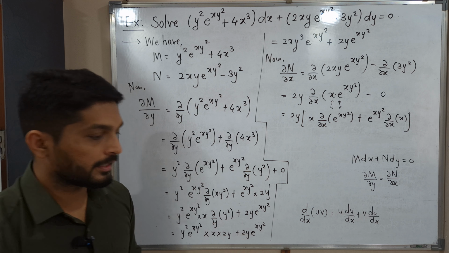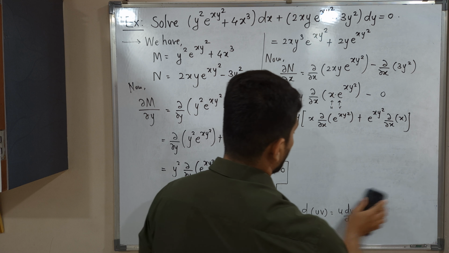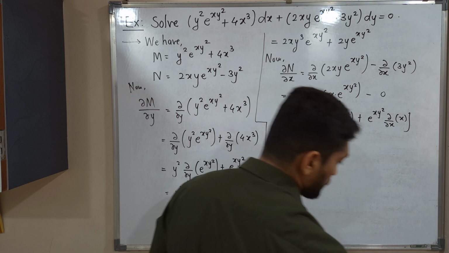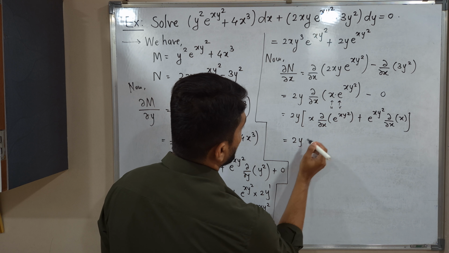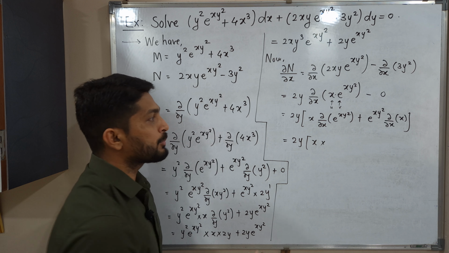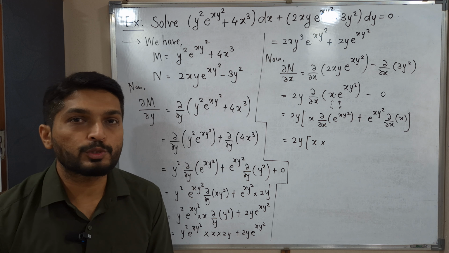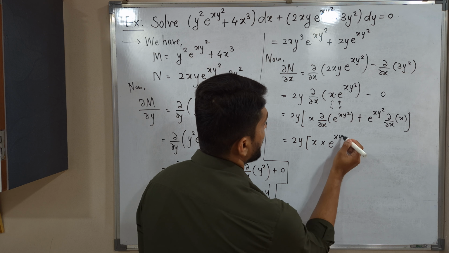Now we have to find its derivative. Okay, so let me remove this part. So this is equal to 2y x. We have to take its derivative. There is an exponential function and the derivative of an exponential function remains the same. So its derivative will be e raised to xy square.